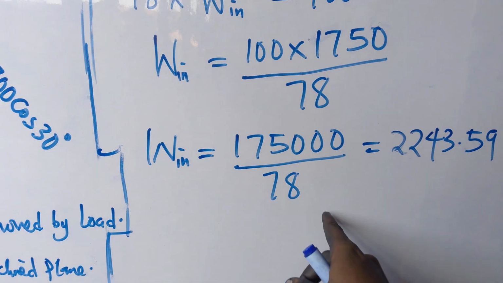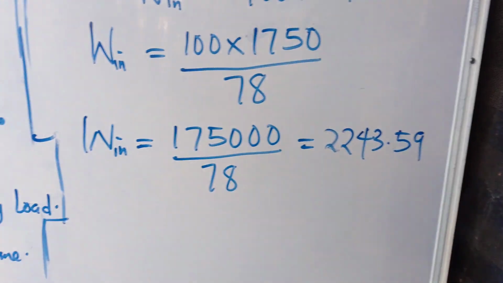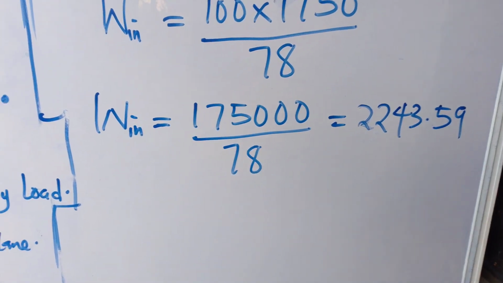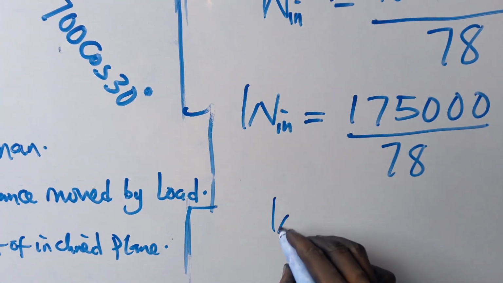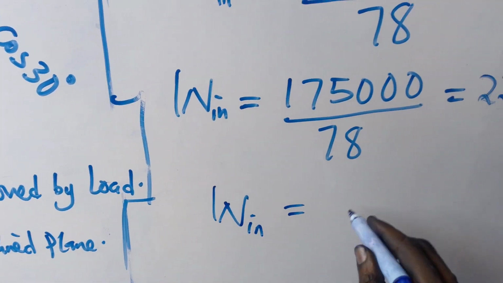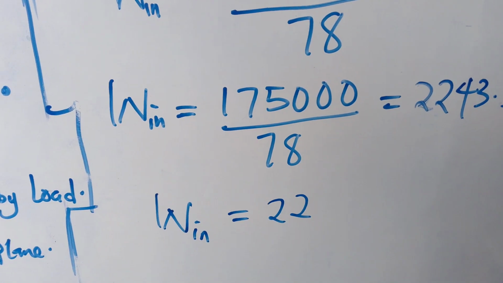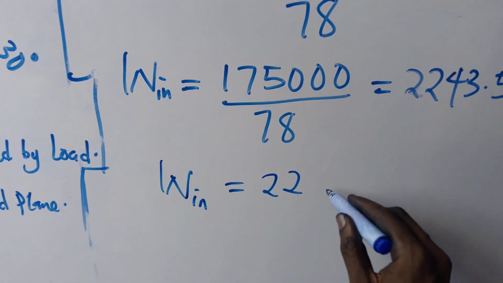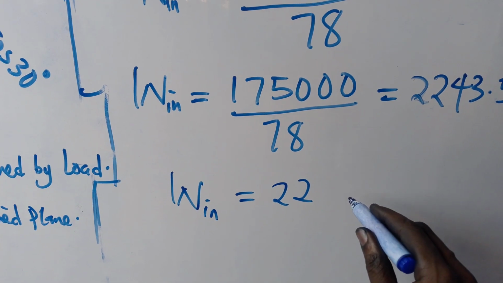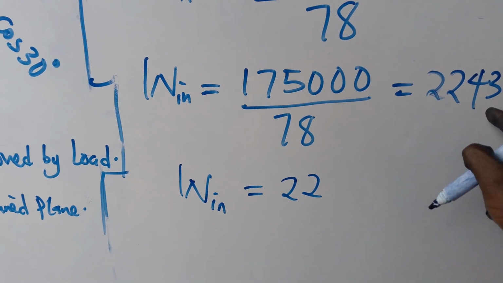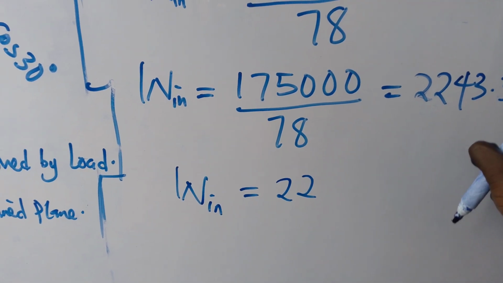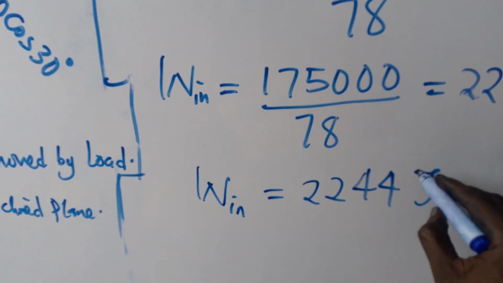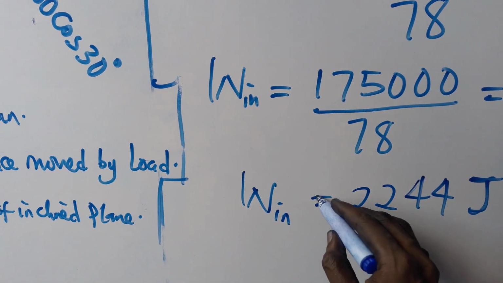Approximating to the nearest whole number, 2243.59 becomes 2244 joules. This is the work input.